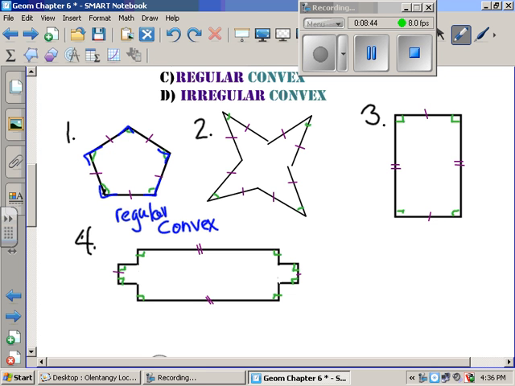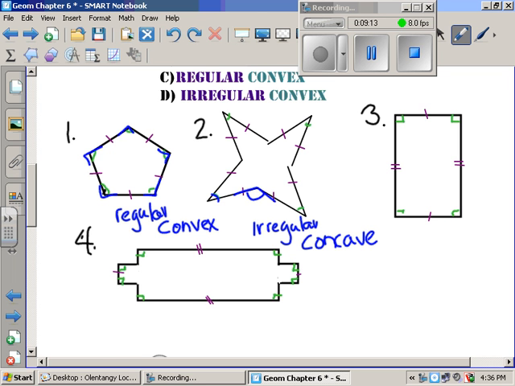This one has all equal sides, but it doesn't have all equal angles because obviously this angle is smaller than that angle. So this is irregular, and some angles are pointing out, but some angles are pointing in. So that makes it concave.